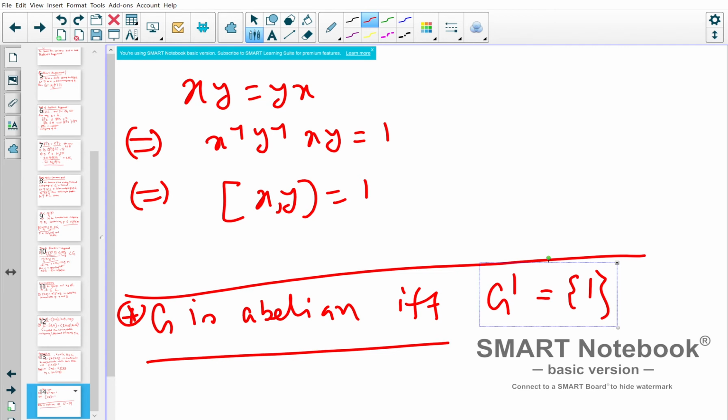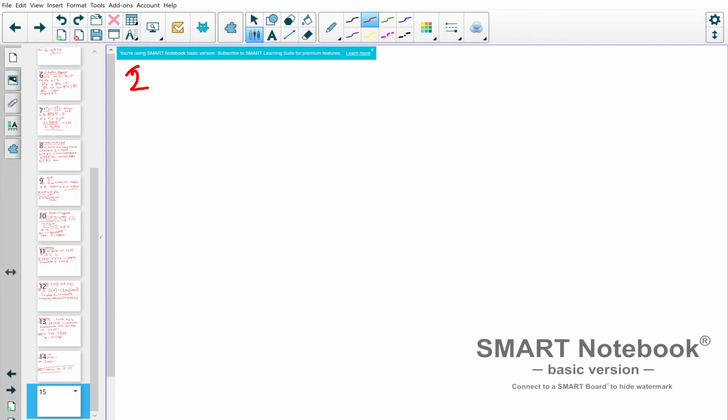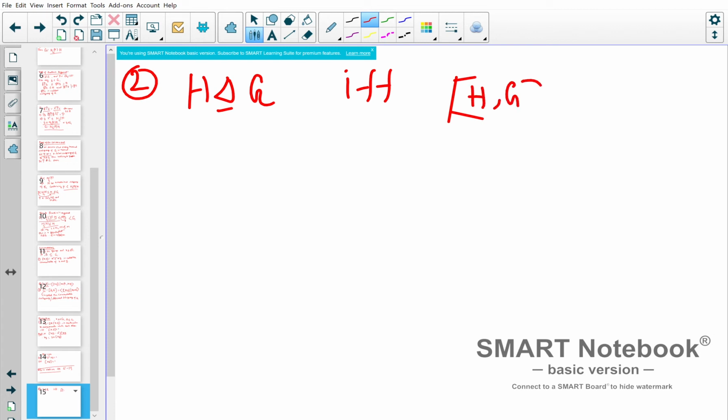Now property number 2 tells you that if you have a normal subgroup H of G, that means if and only if the commutator [H, G] is always inside H. The proof is also simple here. This is also an if and only if portion. So what does that mean?